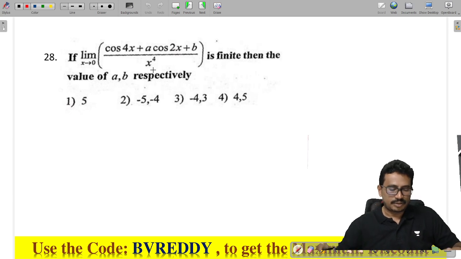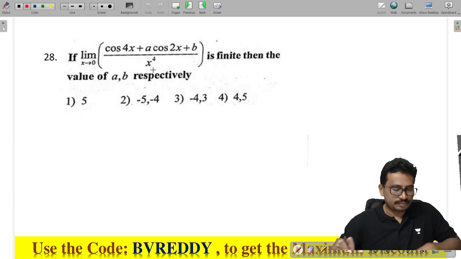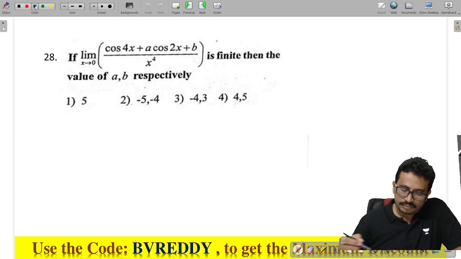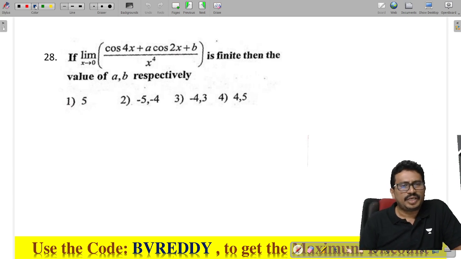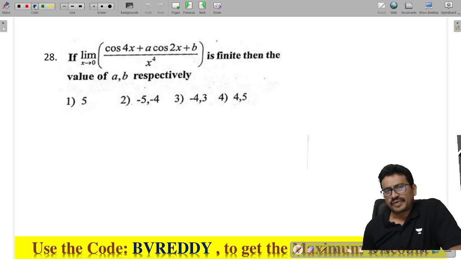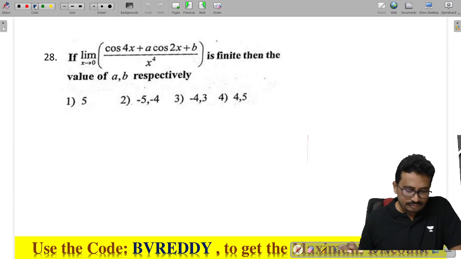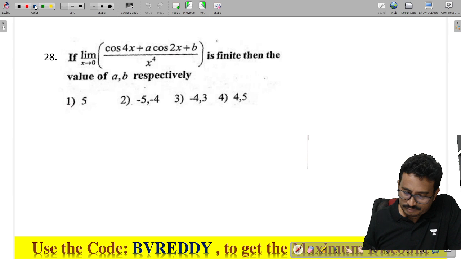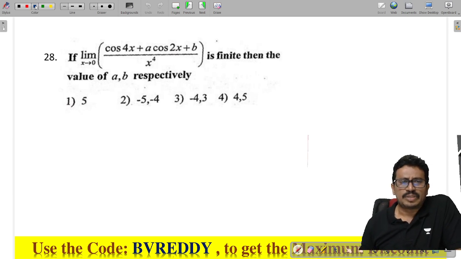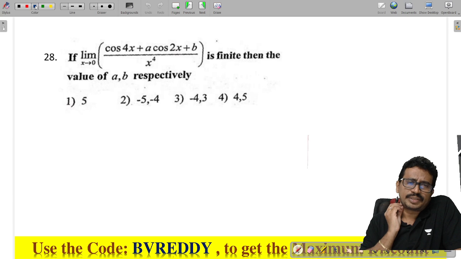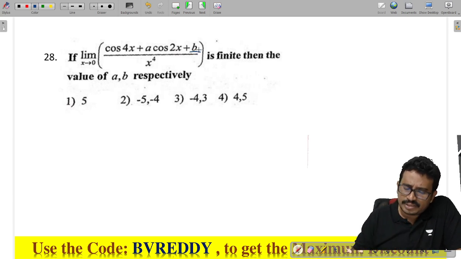Now you can see this problem. Limit x tends to 0. The given function is finite, then the values of a and b are. Now this type of problem, what we can do here, only the expansion is possible here. If we apply L'Hospital, b will get cancelled now.